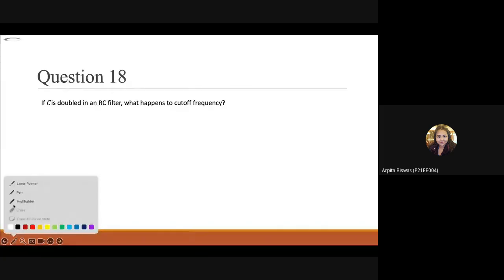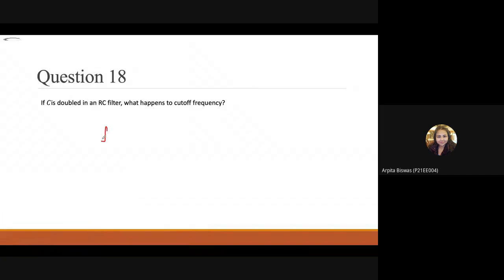See, what is the formula of cutoff frequency? 1 by 2 pi RC, right? So C becomes 2C. So what happens to the cutoff frequency?